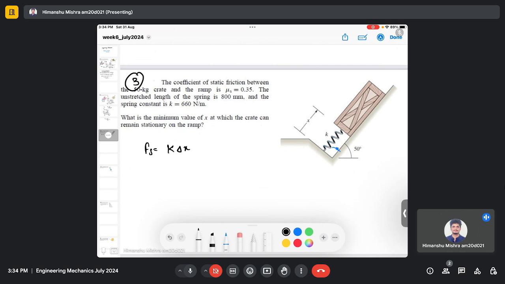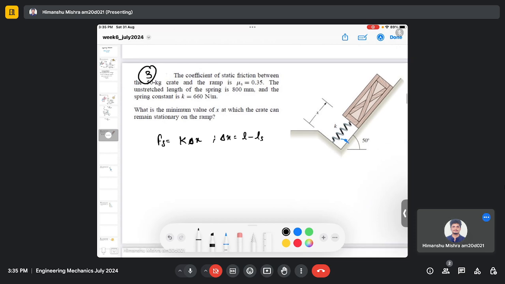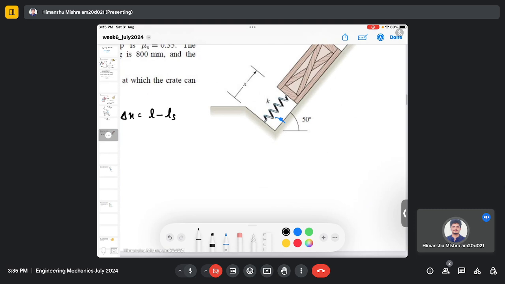There is an unstretched length, which is 800 millimeter. Here delta x is the unstretched length minus the stretched length Ls. In the question, there is a crate in this position, and due to gravity the crate moves some distance x from the earlier 800 millimeter distance.